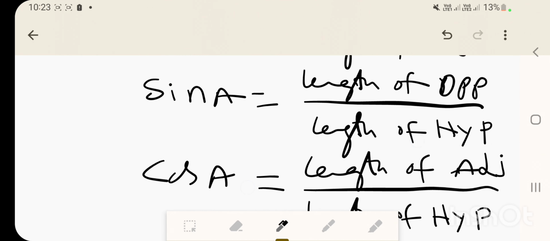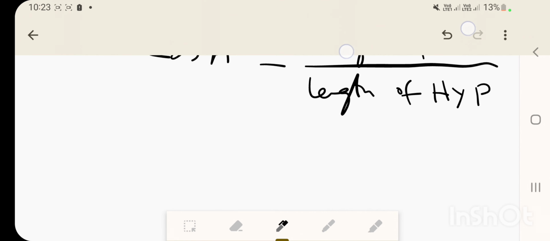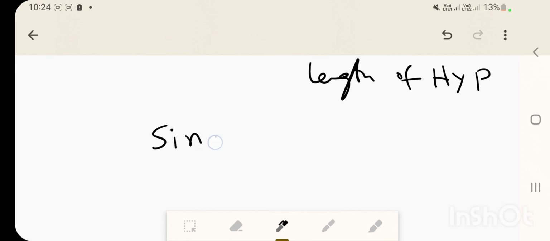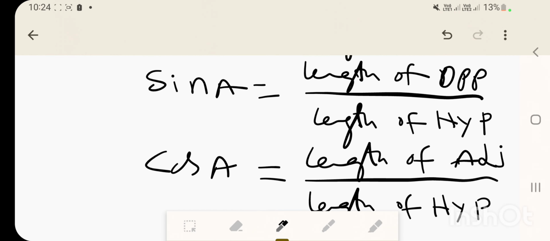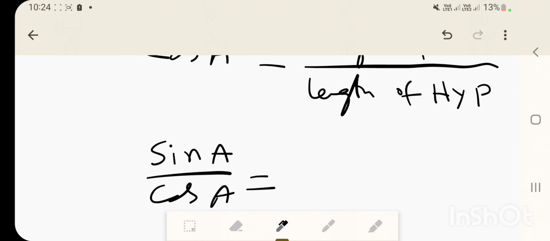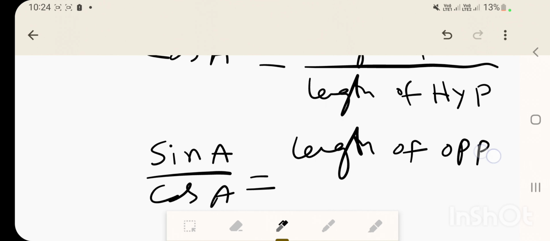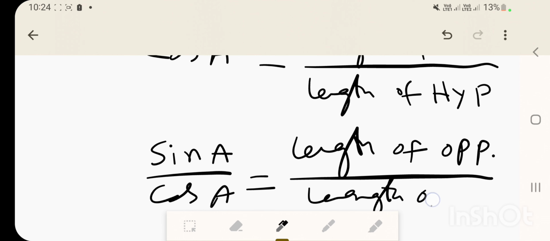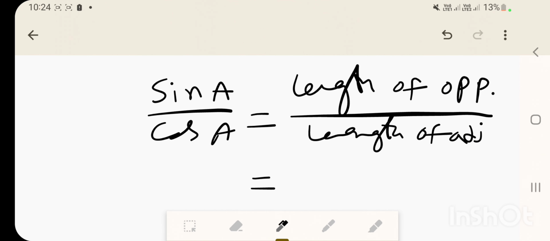If you take the ratio sin A by cos A, the length of the hypotenuse gets cancelled, and we get the length of the opposite side divided by the length of the adjacent side, which is basically the ratio tan A.